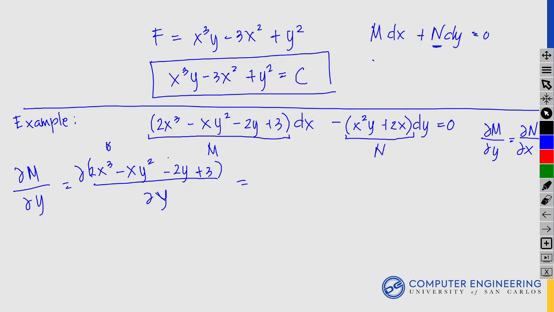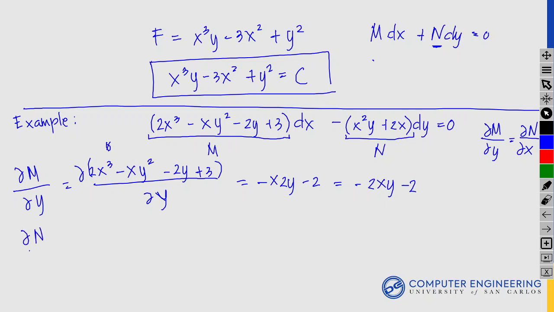So this should be minus 2xy only. Then this one, minus 2, since the constant cancels out. So this is the result: minus 2xy minus 2.